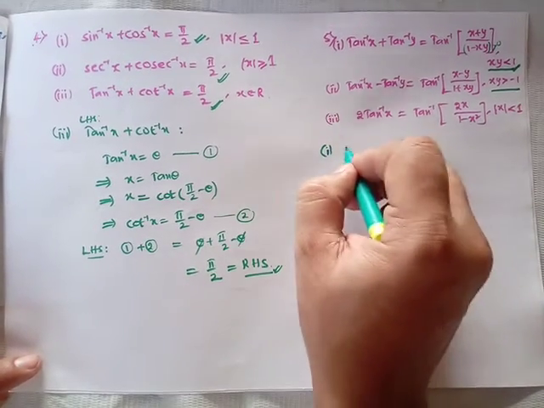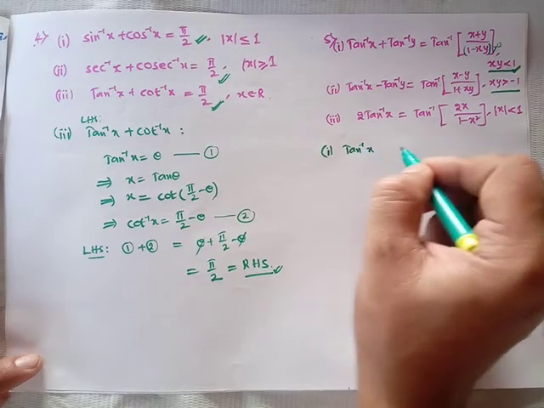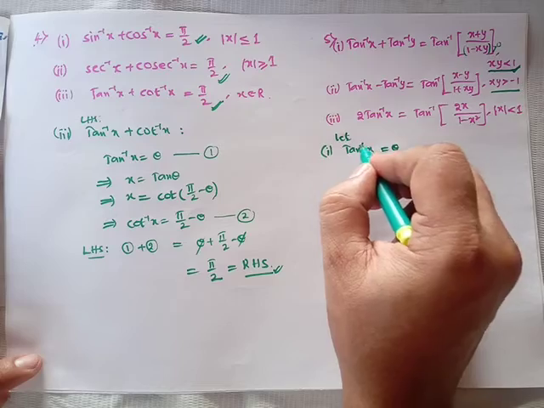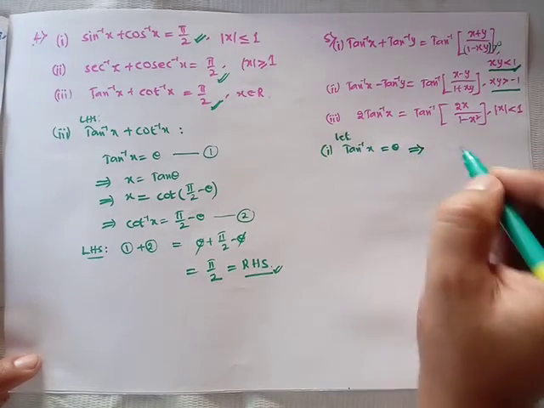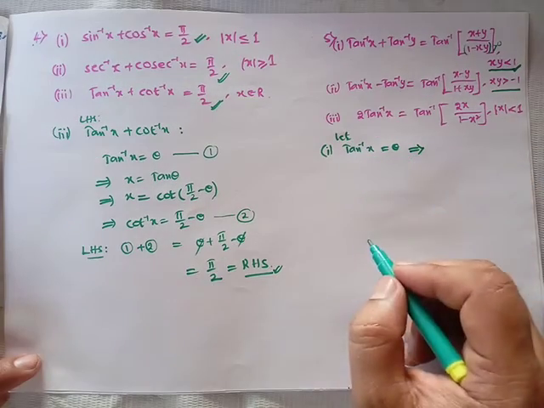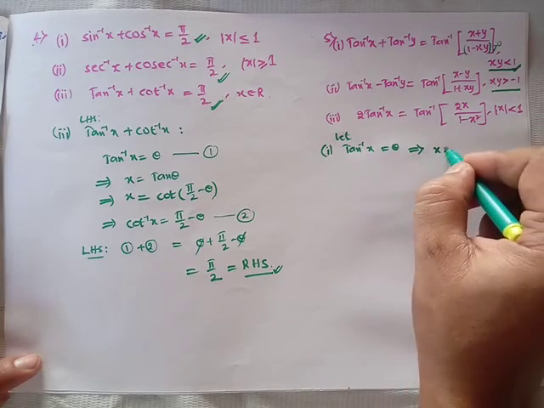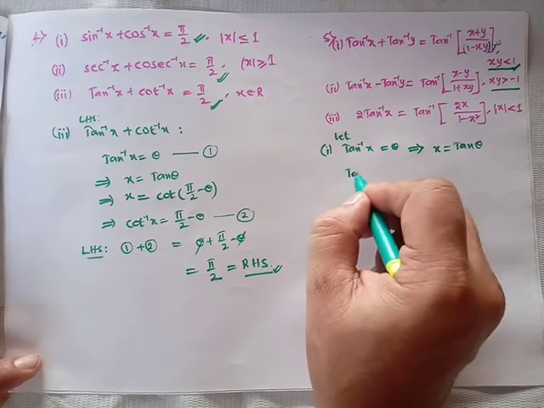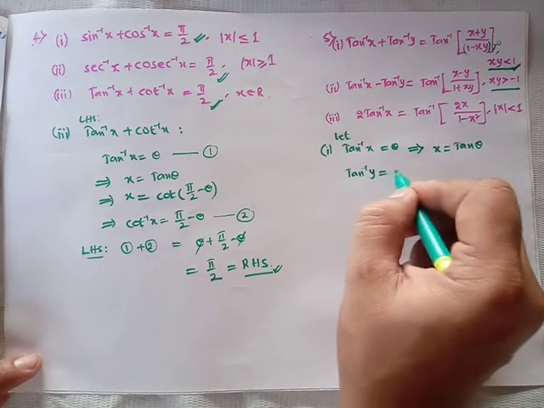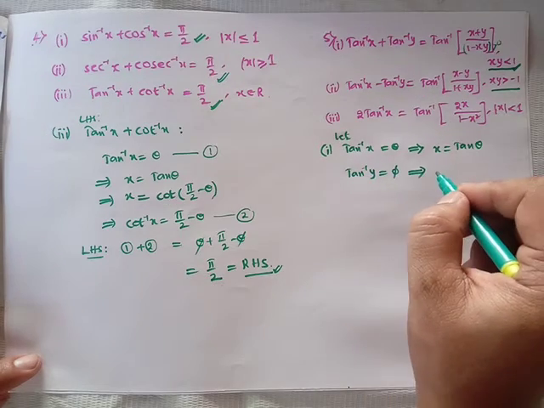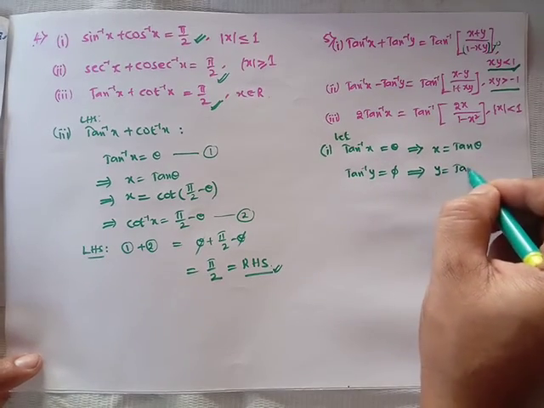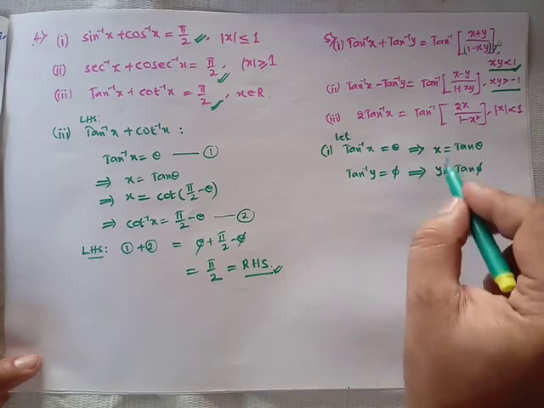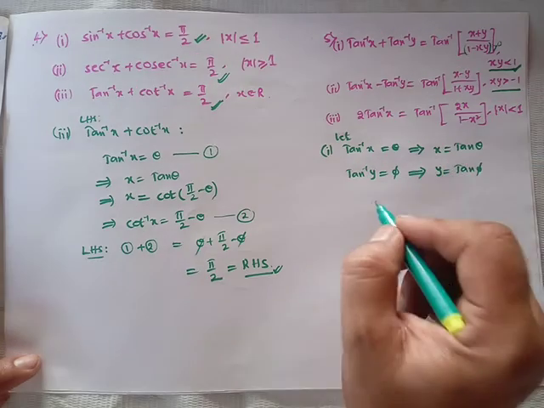Take the first one. Let tan inverse of x is equal to some theta. So this implies, sending this tan inverse to the right hand side, x is equal to tan theta, and in the same way tan inverse of y is equal to some phi, then y is equal to tan phi.